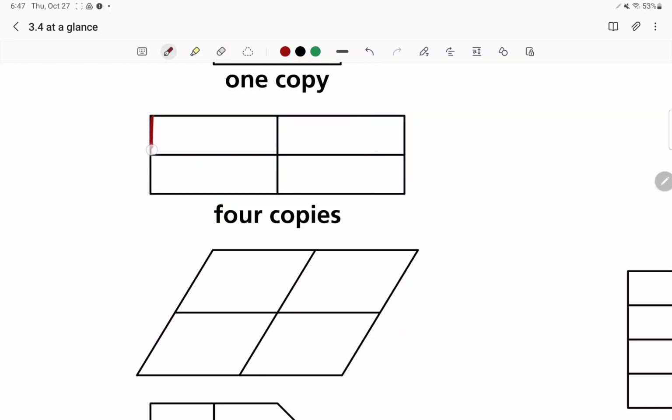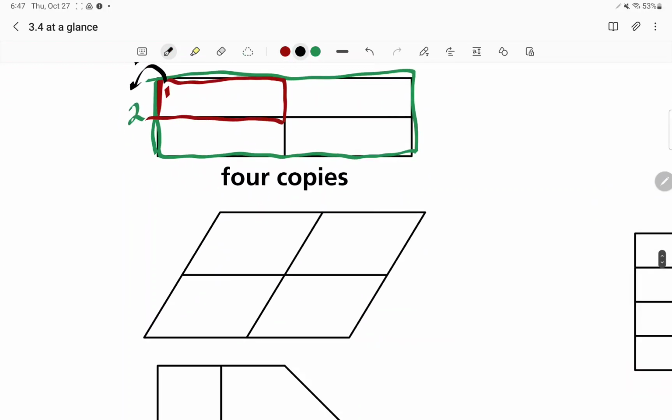So for this side length, if you look at the new one, the new side length of the larger one is actually twice that, right? So this side length is 1, and then the new side length is 2. And so if you look at that scale factor, to go from a side length of 1 to 2, well, that's a scale factor of 2, because you went times 2 to get to that. All right, so for this one, the scale factor would be 2.